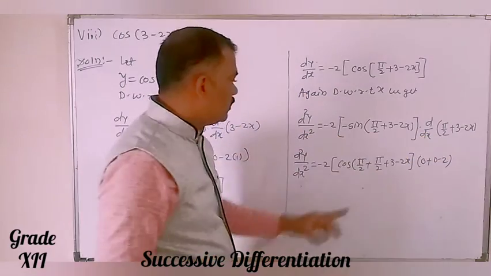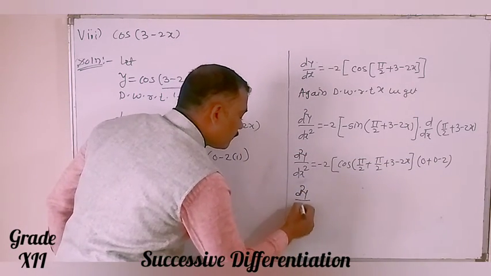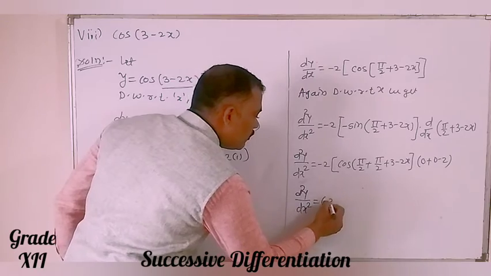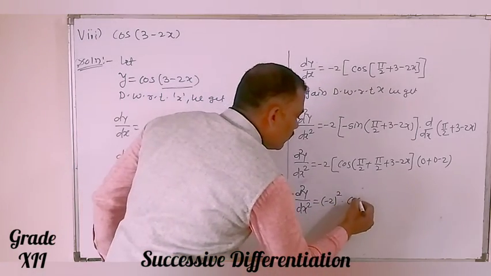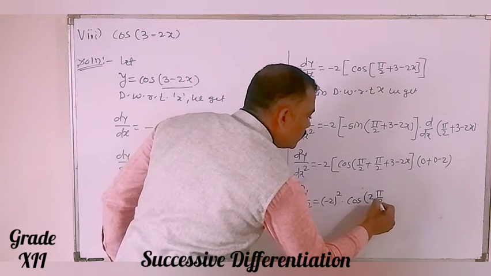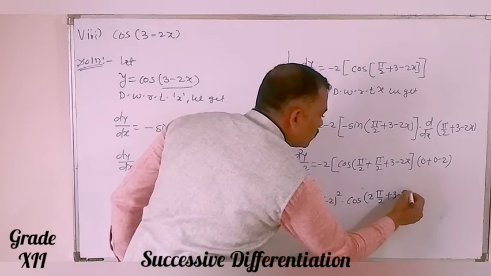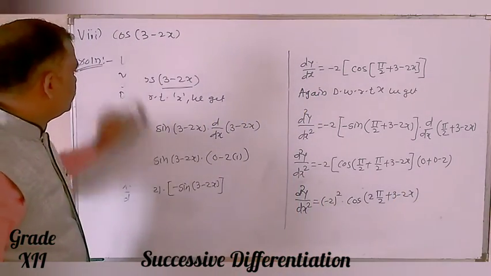So we get the minus 2. With this minus 2, d2y by dx square is equal to (minus 2) squared into cos of, this can be 2 into pi by 2 plus 3 minus 2x. From that we can write the third order derivative.